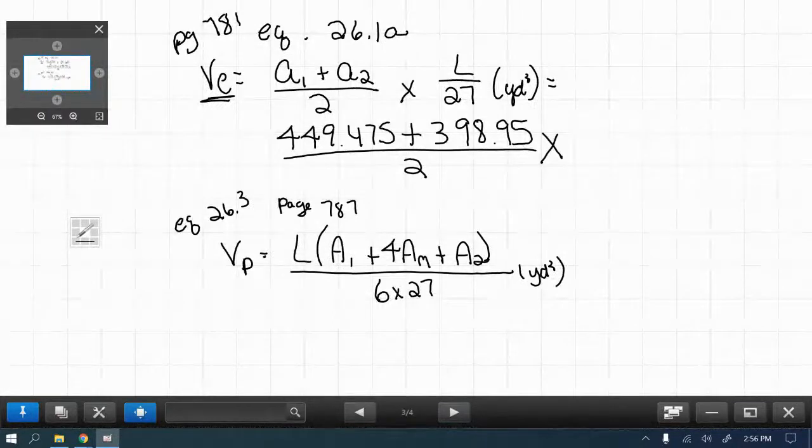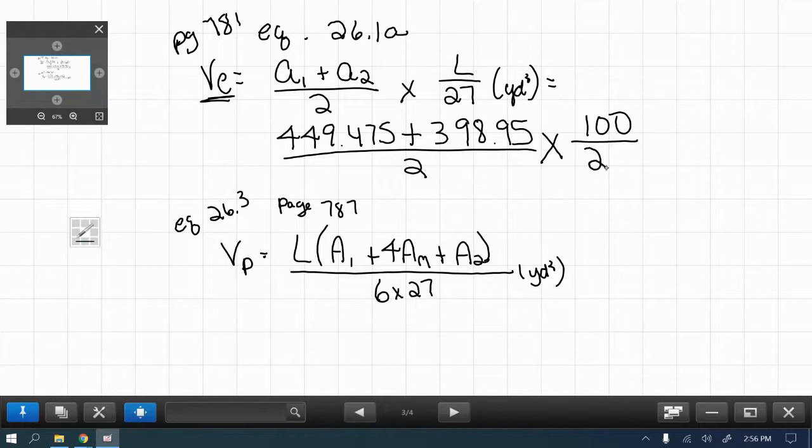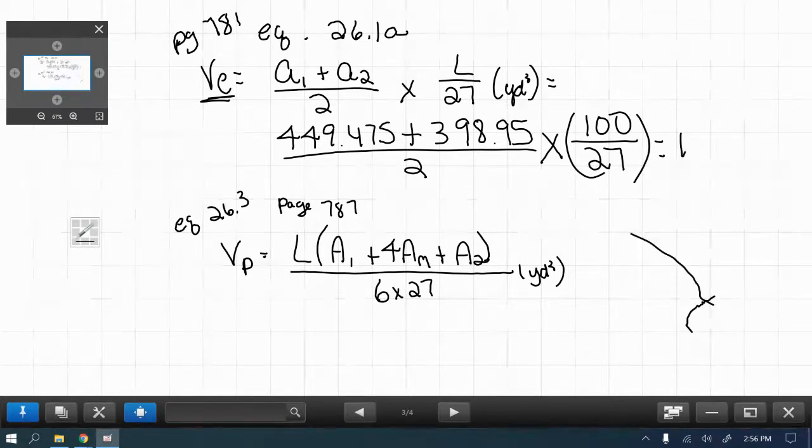So L is 100, and the answer needs to be in cubic yards, so you've got to divide by 27. I saw on the online one some didn't convert to cubic yards, but it asks for cubic yards, so make sure to put it right. Pay attention to the units. I got 1571,000.